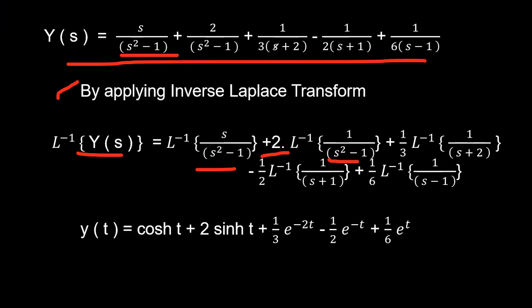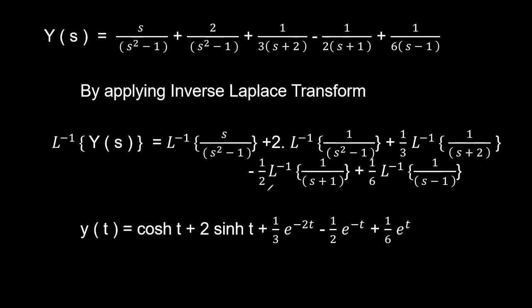Next, 1 by 3 is a constant which can be kept outside, plus 1 by 3 into Laplace inverse of 1 by s plus 2. And next is minus 1 by 2 into Laplace inverse of 1 by s plus 1. Here we got the B value as minus 1 by 2, that's why I kept it as minus 1 by 2 here. So minus 1 by 2 Laplace inverse of this term, plus 1 by 6 into Laplace inverse of 1 by s minus 1.